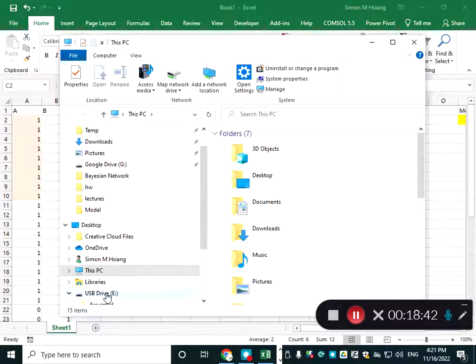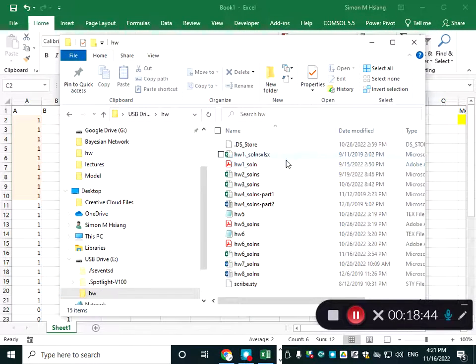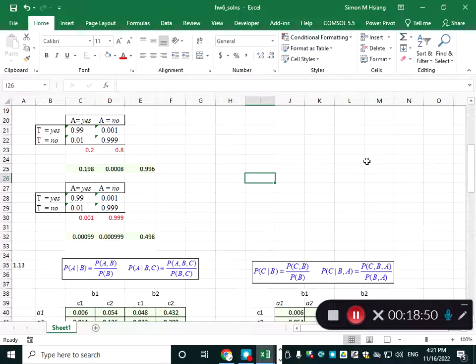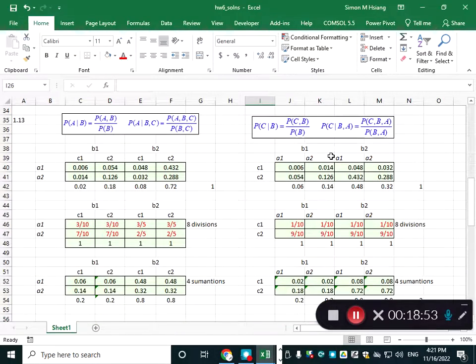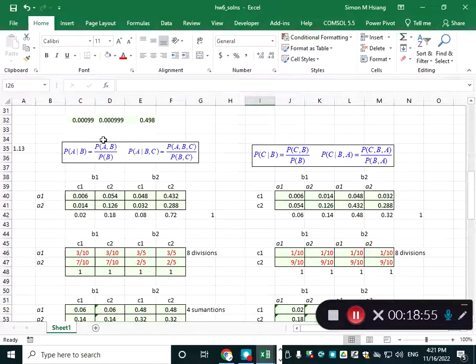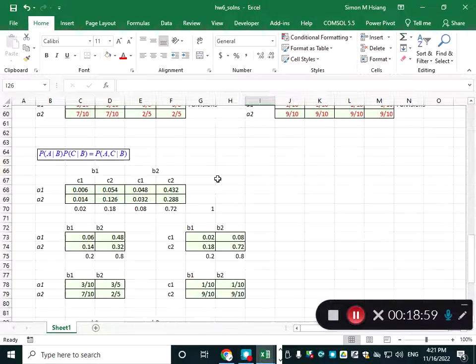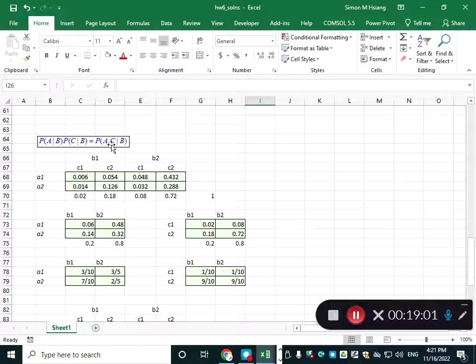Okay, remember the other day I said that there are 3 different ways to calculate this, where A and C are not related. So I did it 3 different ways. This is the hot and sour soup way.